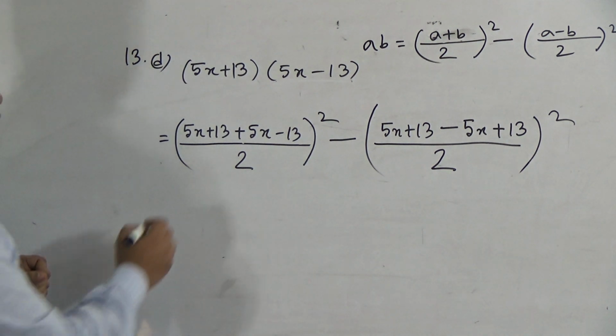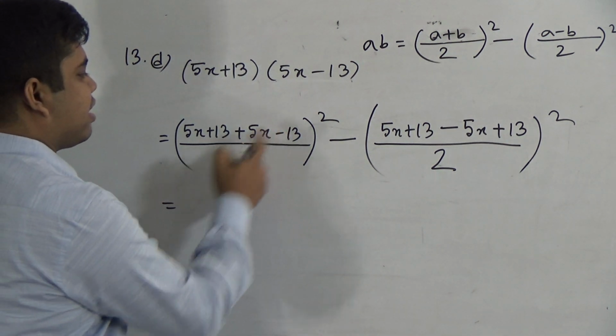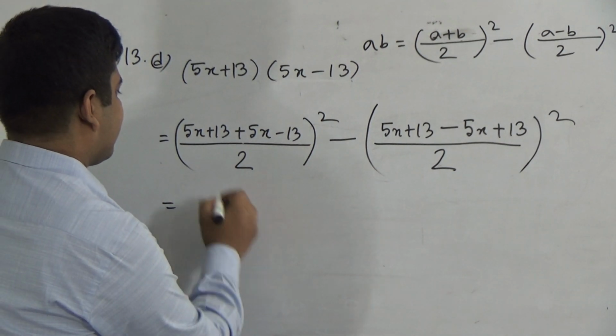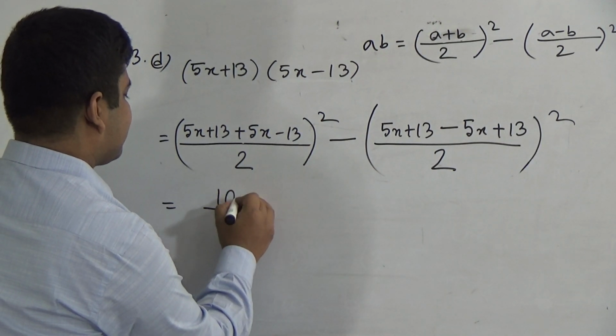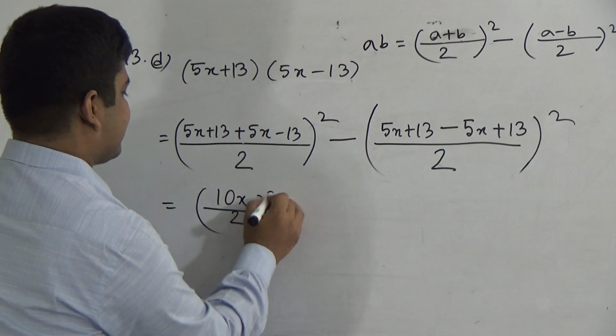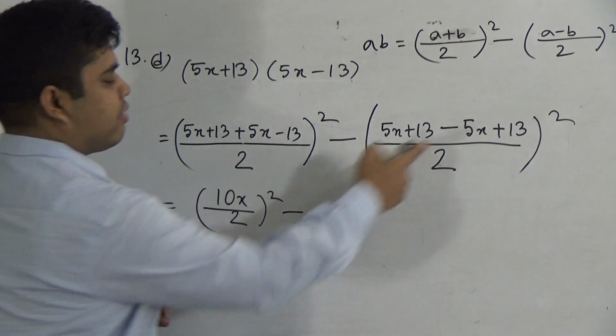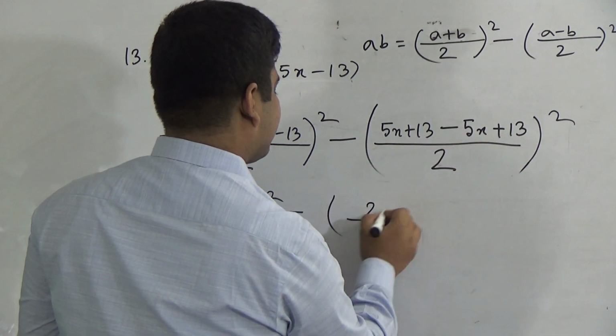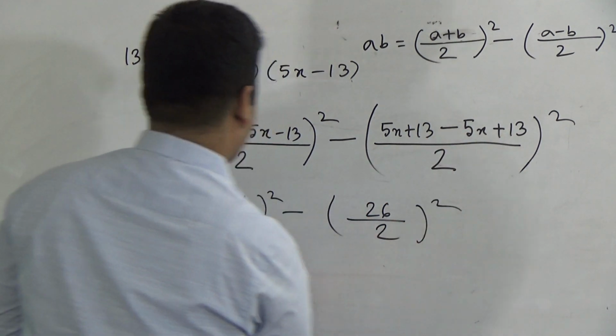Now dear student, notice here plus 13, here minus 13. So both numbers are cut and left 10x by 2 whole square, and here 5x is cut and left 13 plus 13, that means 26 by 2 whole square.